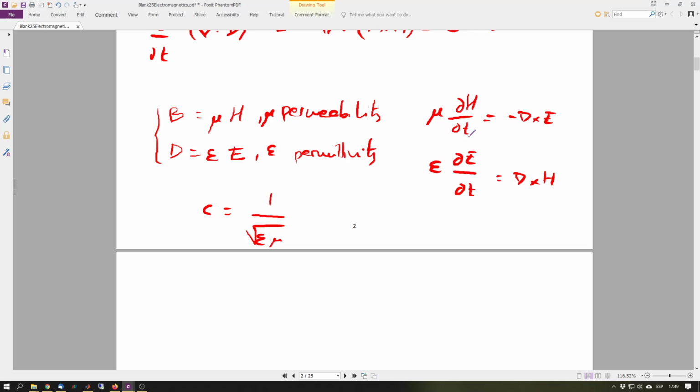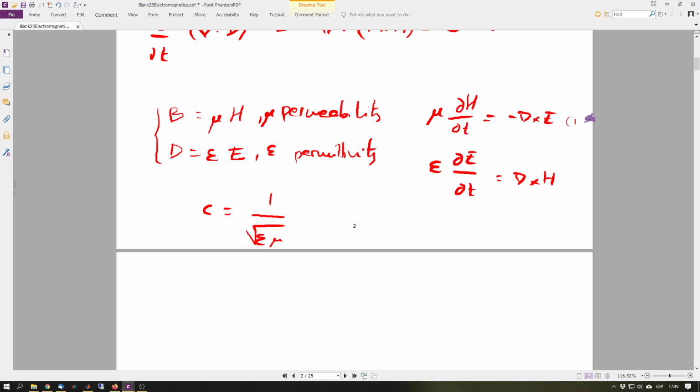So one way to have just one field, not coupled as they are here, is to take the time derivative of the first equation and the space derivative of the second equation, so that something like the rotational and the time derivative of H appears.